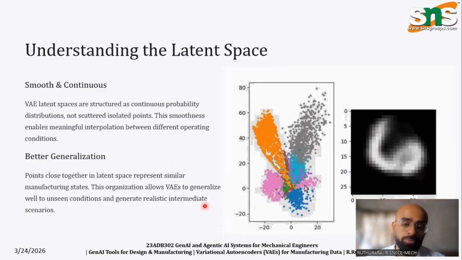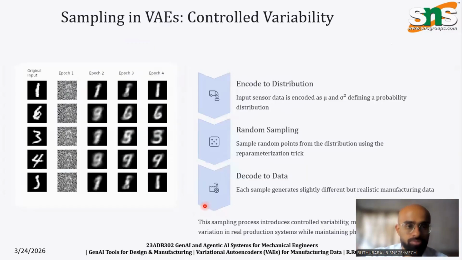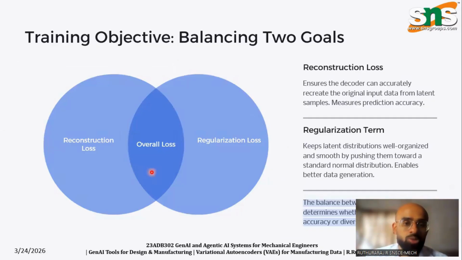The autoencoder is deterministic in nature. I hope you can understand this. As you can see, this is the process by which the sampling happens.